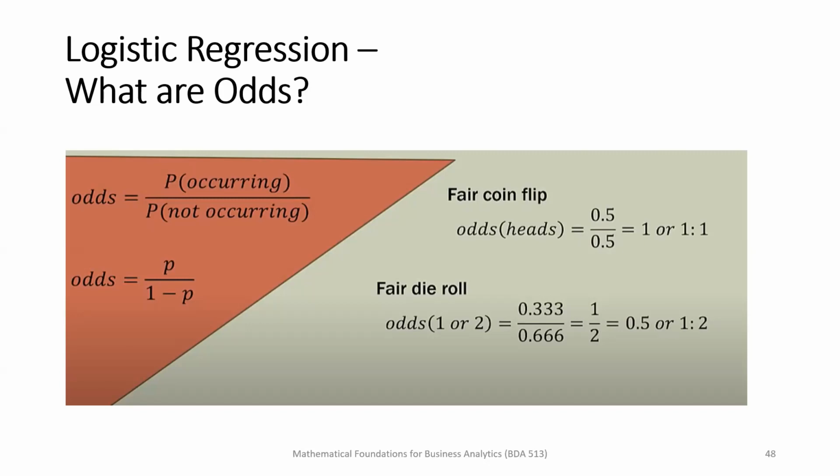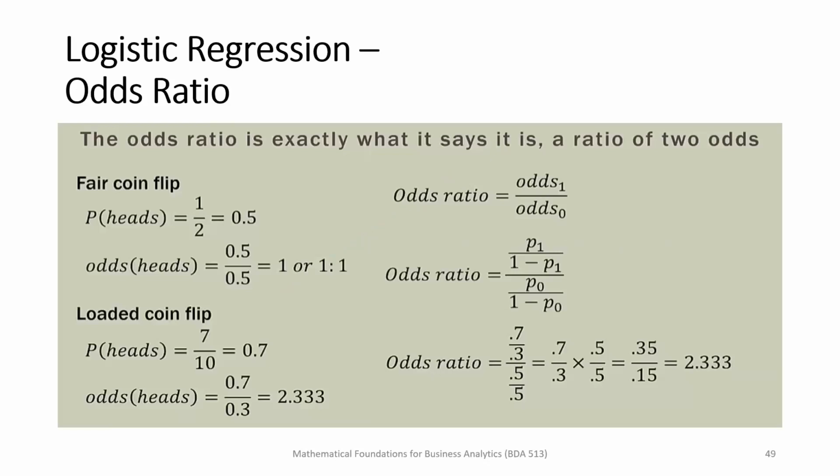All right, so the odds is the probability of having 1 or 2, 0.33, divided by the probability of not having 1 or 2, that is 1 minus P. In other words, 1 minus 0.33, which gives you 0.66. So here the odds is calculated to be 1:2, or 50%. Okay, are we okay with this? So that's the odds.